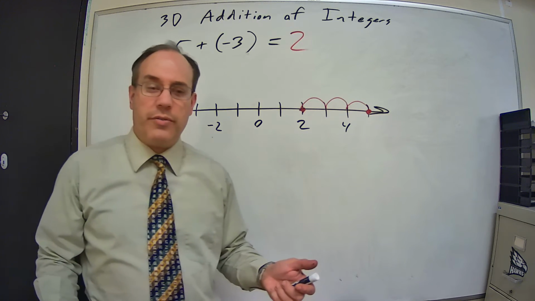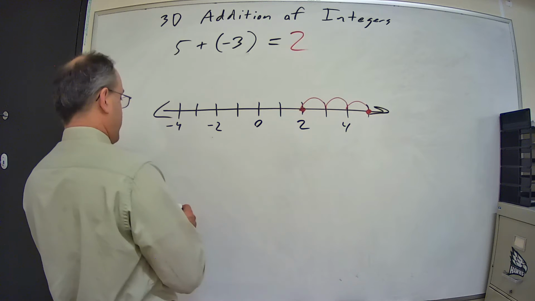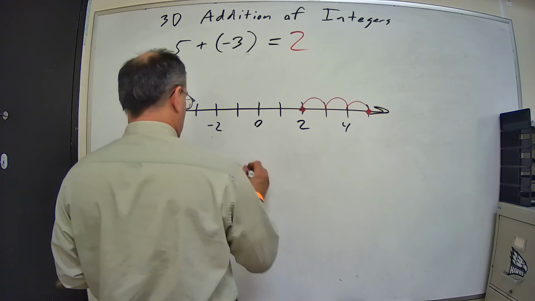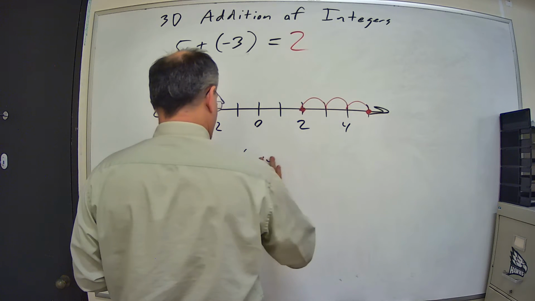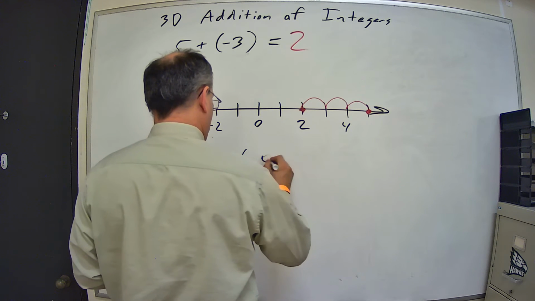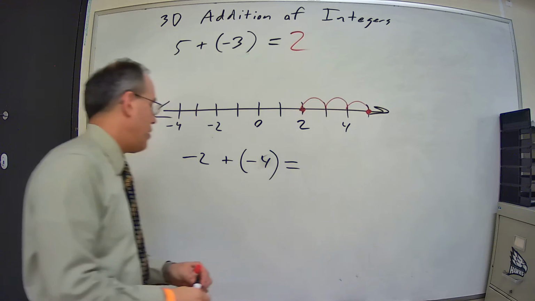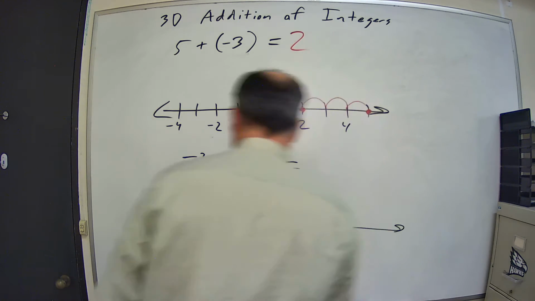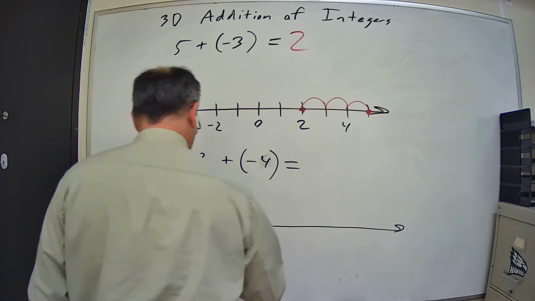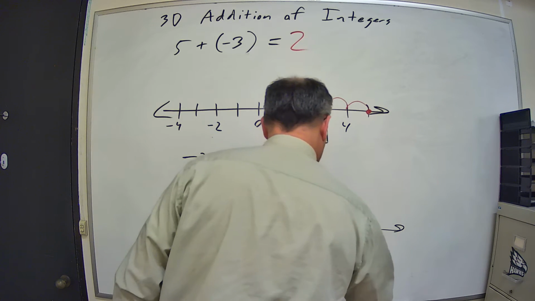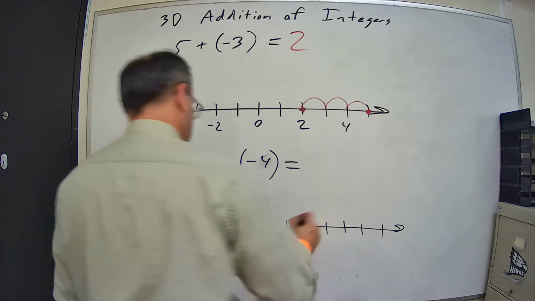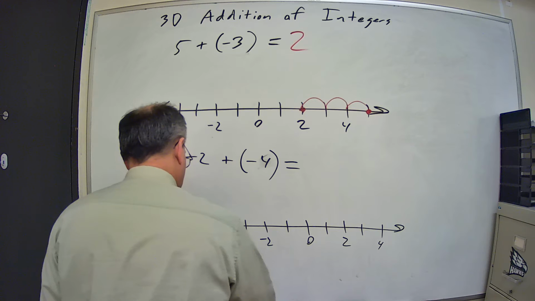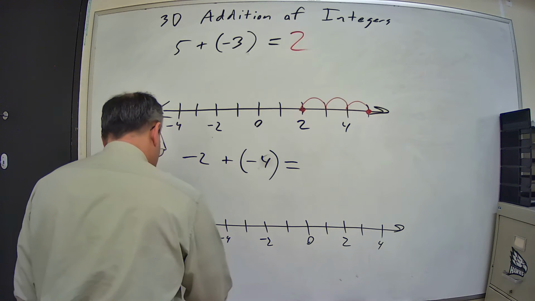Let's try another one. Negative 2 plus negative 4. Sorry, my 4 did not come out correct. There we go. Negative 2 plus negative 4. Let's draw another number line. Negative 2, negative 4, negative 6.